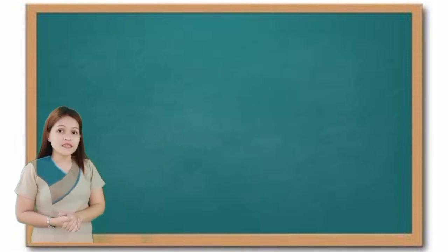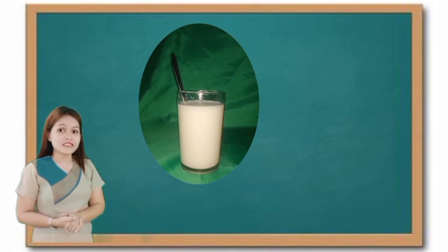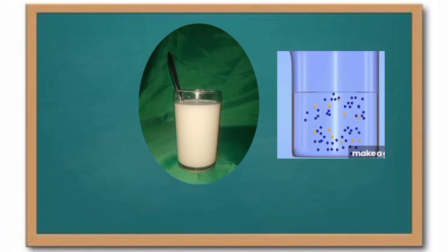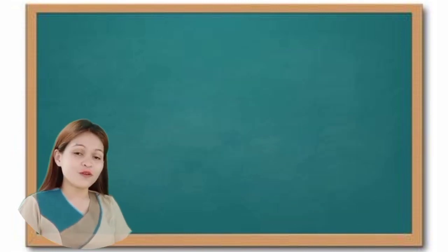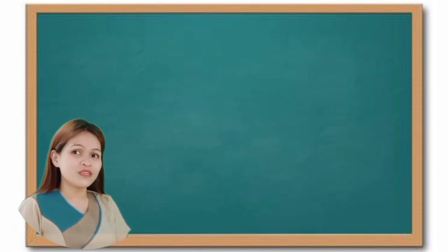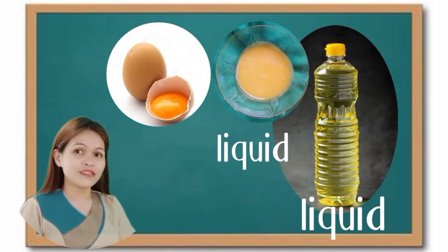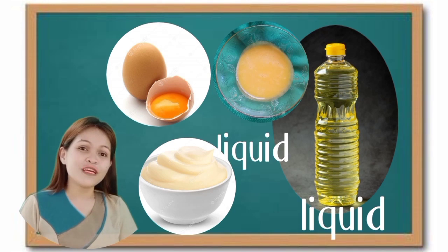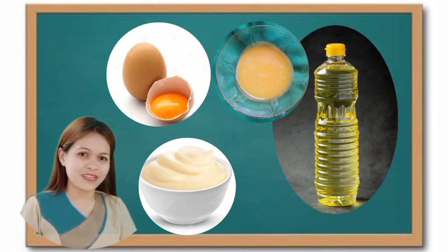That is why, even if a glass of milk is left untouched, the particles in it will not settle at the bottom. Another example of colloid is mayonnaise. Whisk 2 egg yolks with a little olive oil until you get mayonnaise. Mayonnaise is an example of liquid dispersed in liquid.